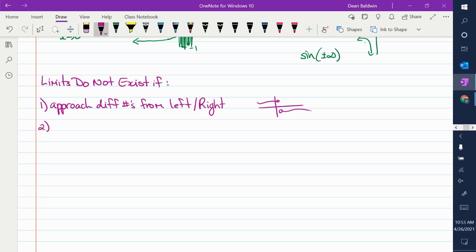Two. I'll write it in math speak, and then I'll tell you what it means. f of x goes to positive or negative infinity.